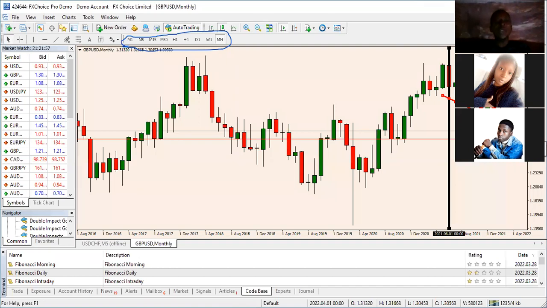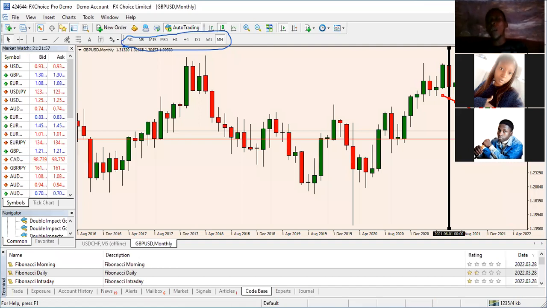Because every 1 hour candle is inside this very current candle that is forming now. Hope you understand the concept. Yes, sir. Are you confused? No. If you go back to 1 hour, all of those 1 hour candles are inside this very candle that is forming now. You get it? Yes.